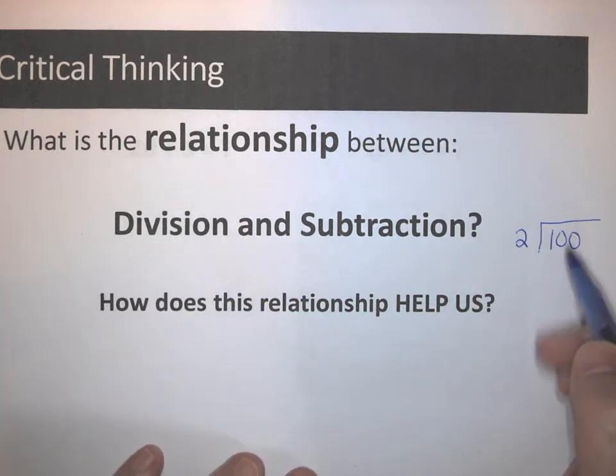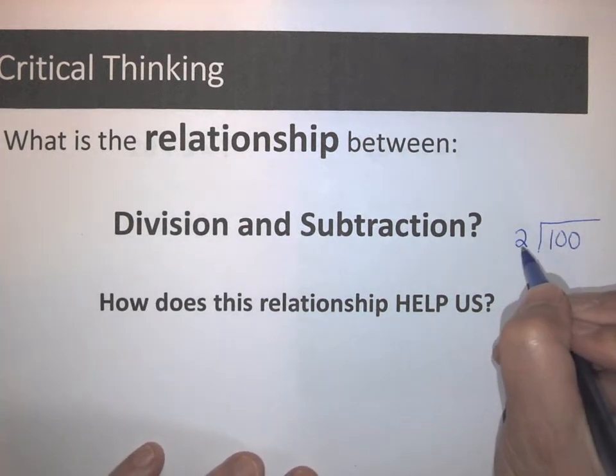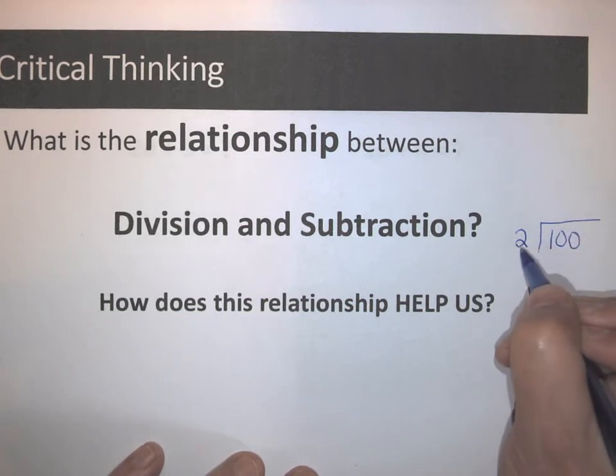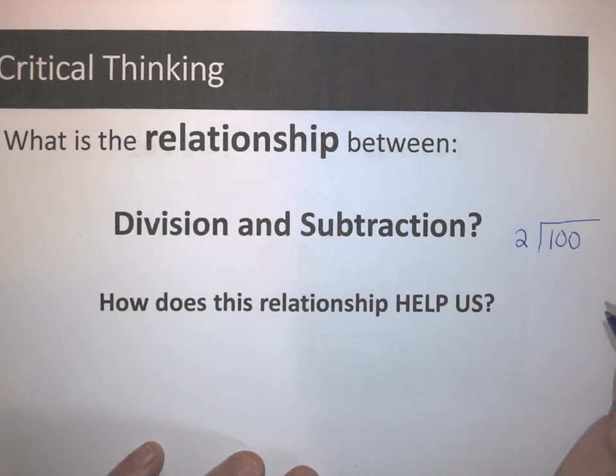So the way that I would do this is I would try to divide the smallest possible value buried within the 100 here by the 2. I can't divide 1 by 2, but I can divide 10 by 2.